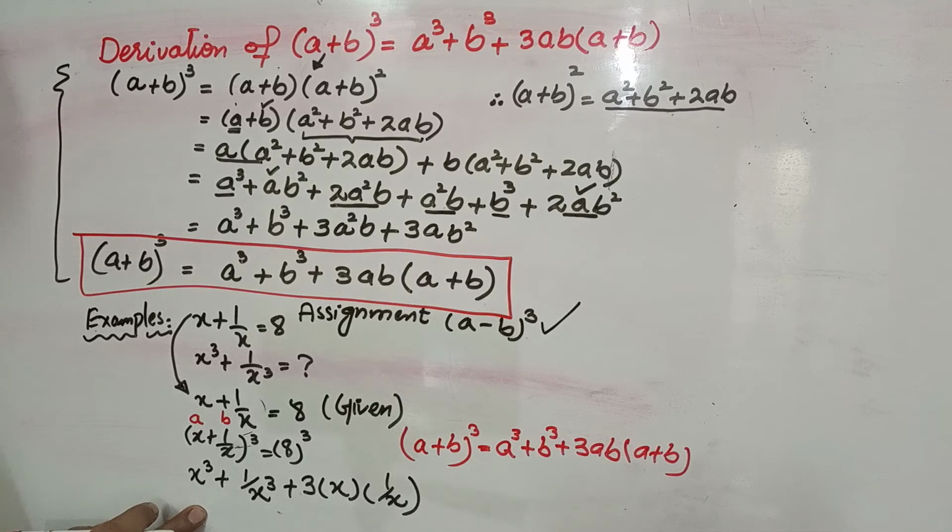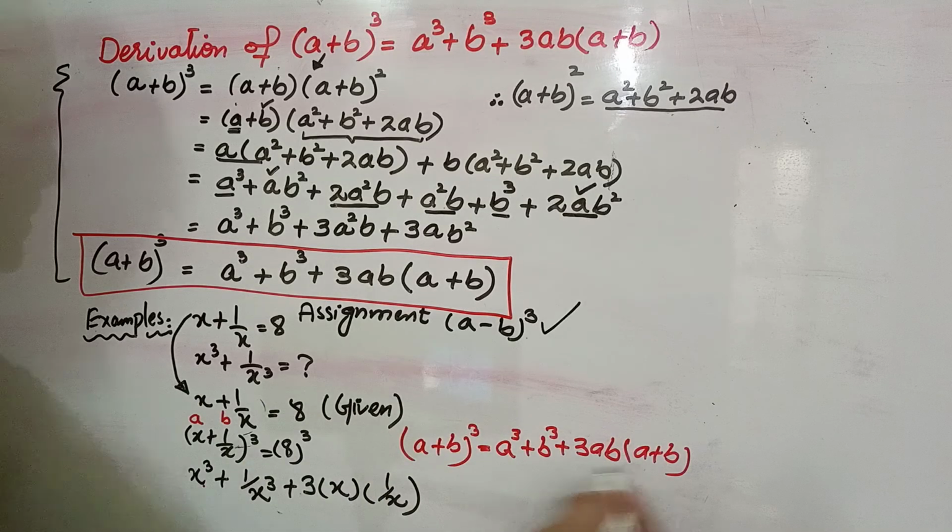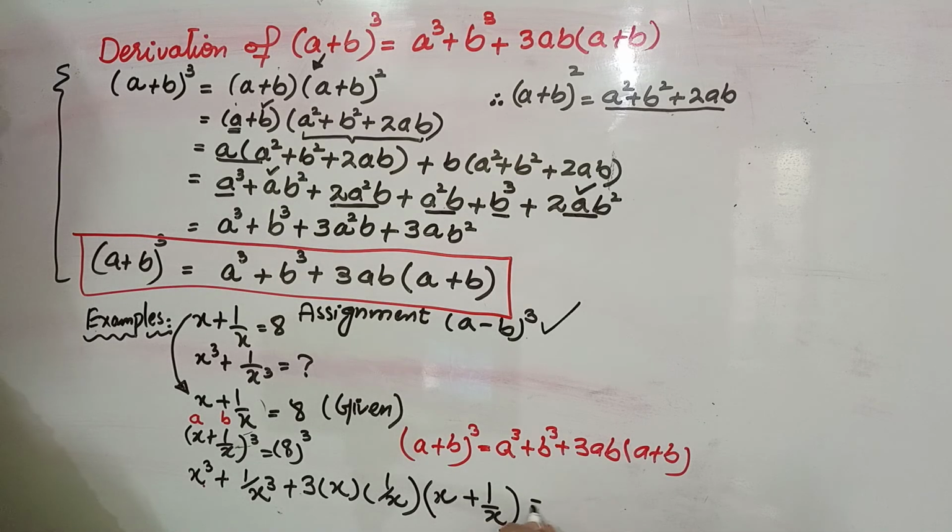Same in the case of this: a^3 is x^3, b^3 is 1/x^3, plus 3, and then a into b, a is x and b is 1/x, and this a plus b, a is x and b is 1/x, is equal to 8^3, that is equal to 512.